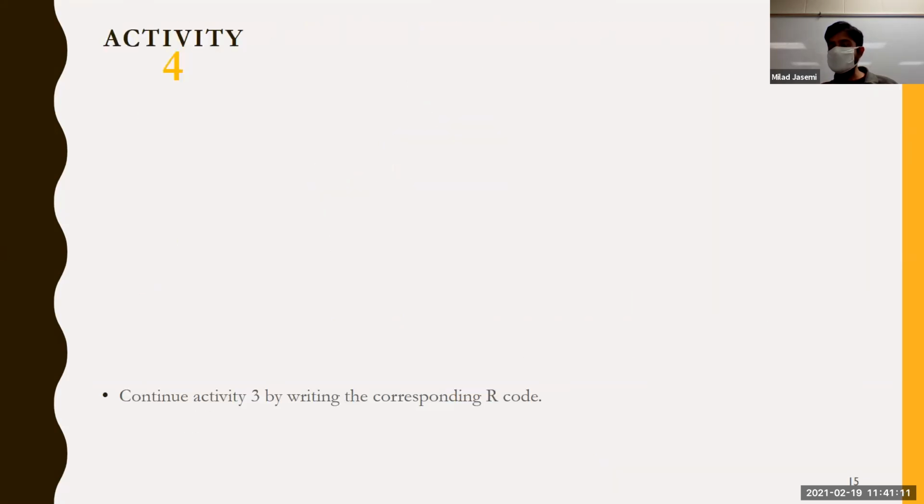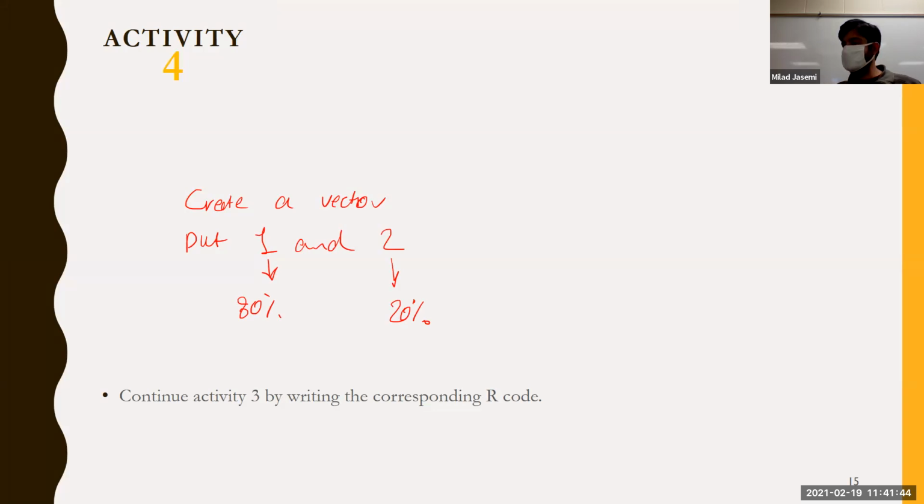You are supposed to create a vector and put in this vector 1 and 2, while 1 is being put there with 80% probability and 2 with 20% probability. Take your time, try your best, no rush.